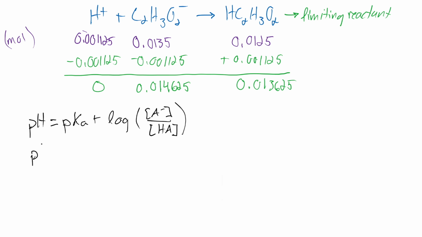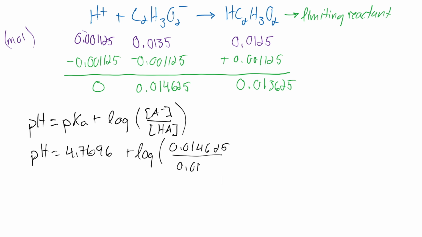And so we know that pH, and we solved for the pKa earlier in the problem, which is 4.7696 plus the log, and we have new concentrations here. We have 0.014625 over 0.013625.